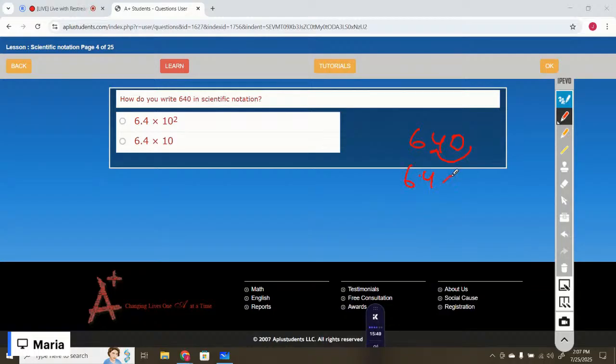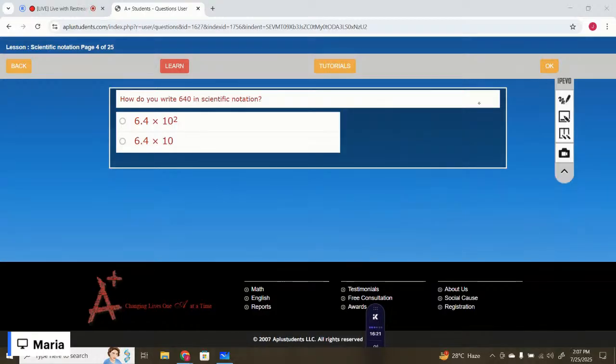So that would be 6.4 times 10 exponent 2. Option number 1 is the correct option.